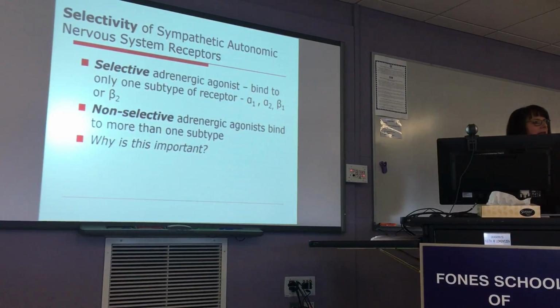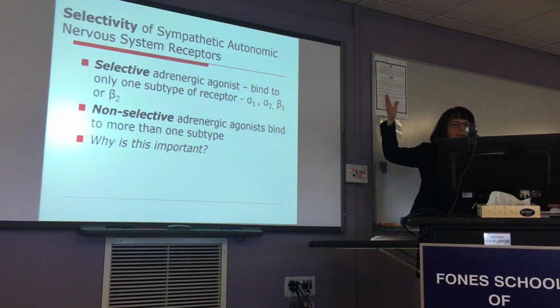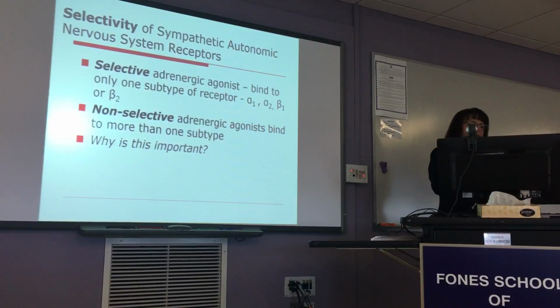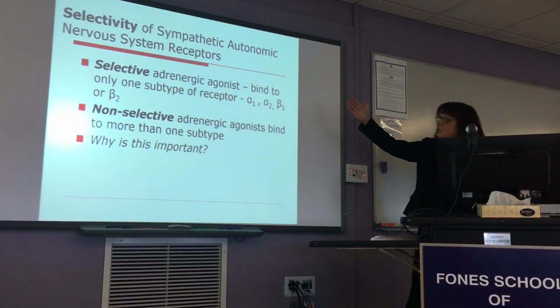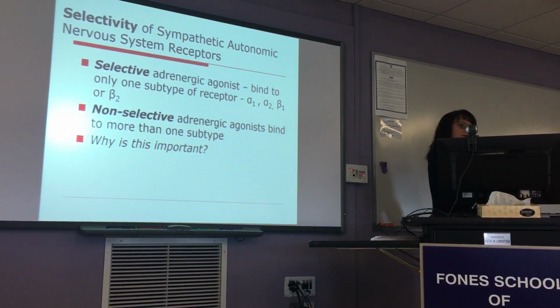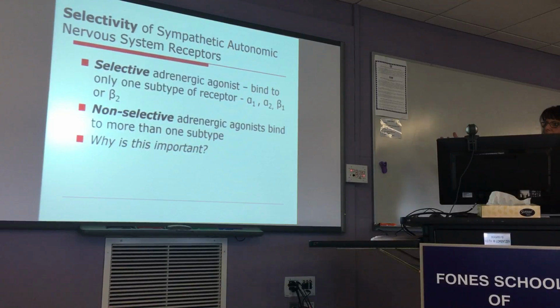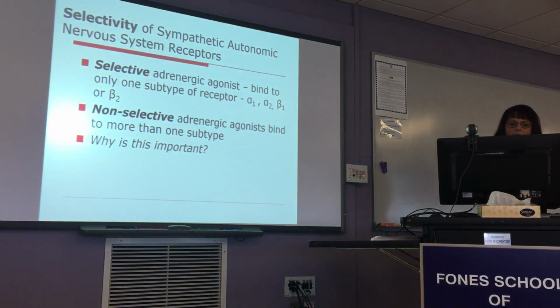Remember talking about selectivity, okay, and non-selectivity. So when we talk about drugs being a selective adrenergic agonist, okay, so it's more selective. It's an adrenergic agonist, okay, so a SAN drug. It might bind to only one subtype of the receptors. It's more selective about who it binds to, okay? It only dates the people it likes, right? The non-selective might bind to more than one subtype, okay?